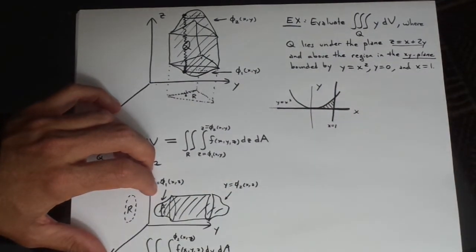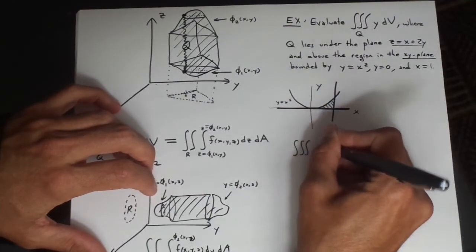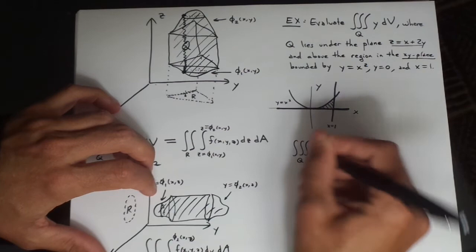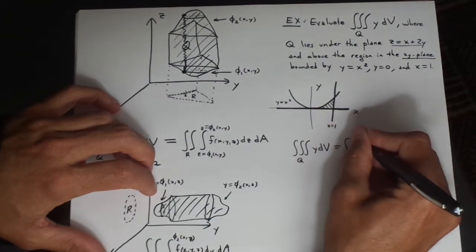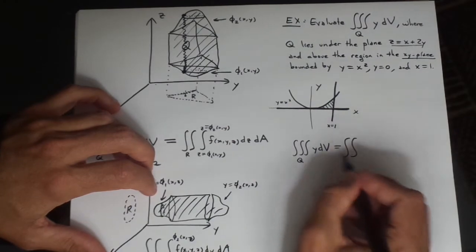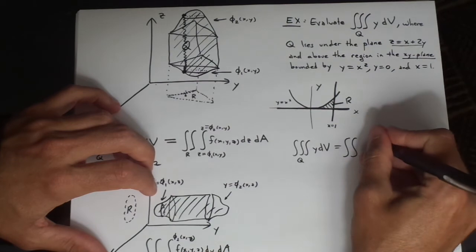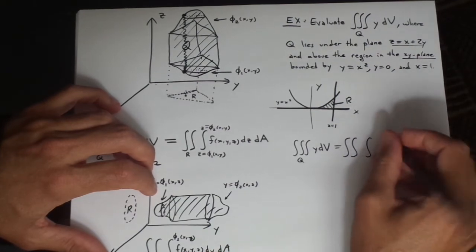So if I would like to set up this integral now, I'm going to write it as a triple integral of y dV over the region Q. And again, I'm going to think of the outside two integrals as being the region, that's this region R right here. Okay, and then on the inside, I'm going to integrate z.